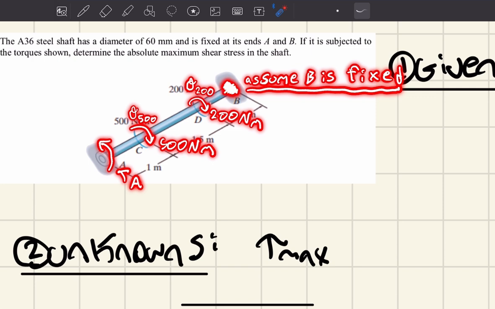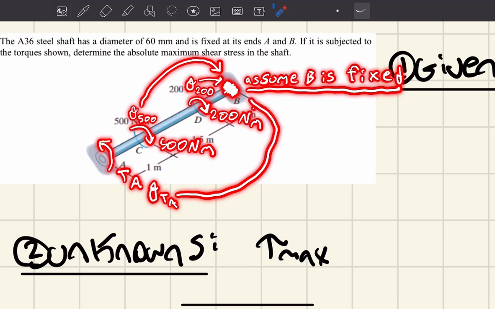If we have B as our reference point, then I'm going to find the angle of rotation caused by this 200 Newton meter torque relative to B. I'm going to find the angle of rotation due to the 500 Newton meter torque relative to B. And then I'm going to find the angle of deformation due to TA relative to B. So they're all going to be relative to B.